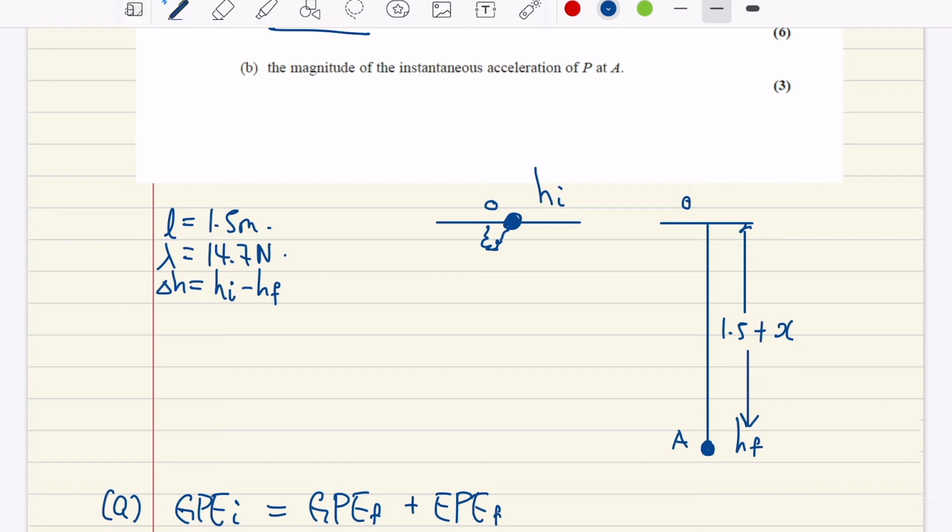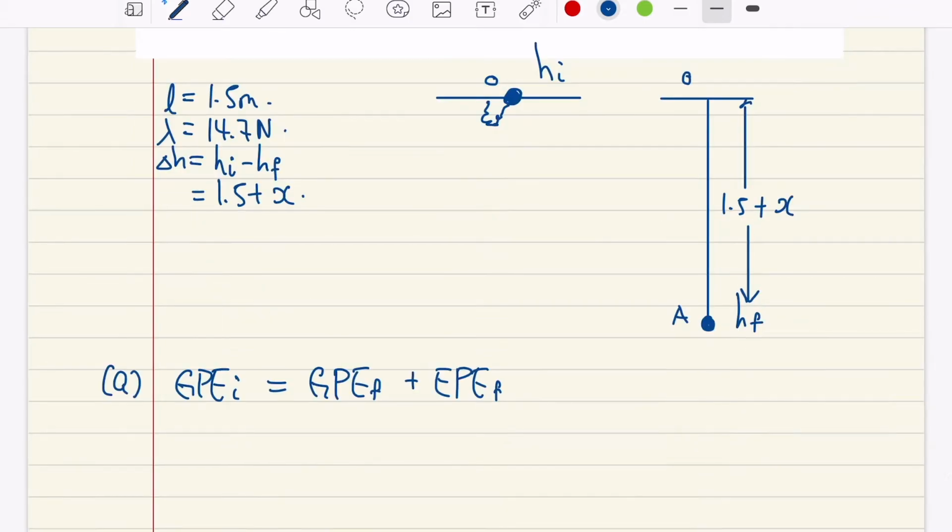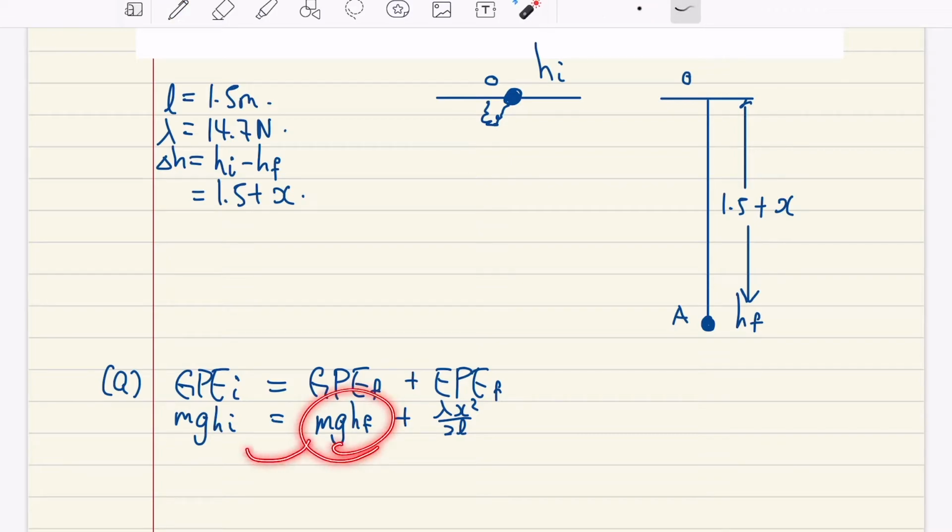So the difference in height is 1.5 plus x. mghi equals mghf plus lambda x squared over 2l. Here we can bring this to the left, so we got mg(hi minus hf) equals lambda x squared over 2l.